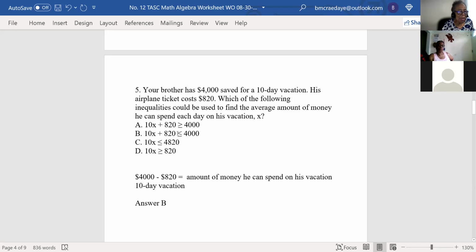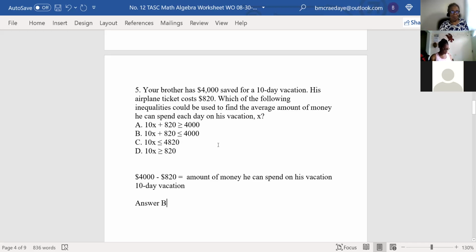So what he can spend has to be less than or equal to that amount, right? He can't spend more than what he has. So what he's limited to is the 4,000 minus the 820, spread over 10 days. So it would be divided by 10. So answer B. He can't spend more than that, right? So it can't be A. He can spend less than or equal to that. Questions on number 5?